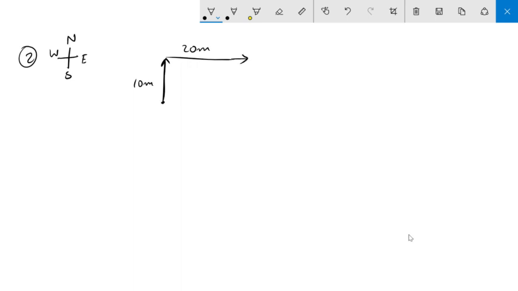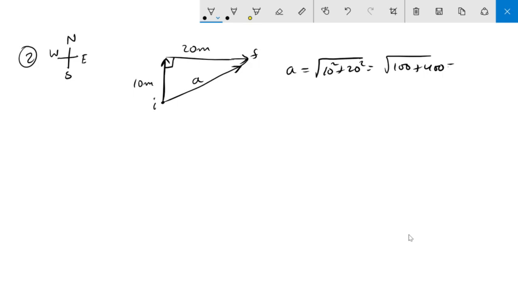Resultant displacement is, its initial position was this, finally it is here. So resultant displacement is going to be this. Now how do we find this out? Obviously by Pythagoras theorem, as this angle is 90 degrees. So it will be 10 square plus 20 square. So it becomes 100 plus 400, that is 500, which can be written as 5 into 100. So that makes it 10 root 5.